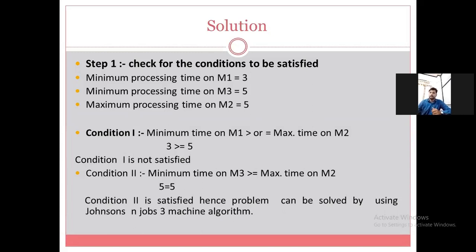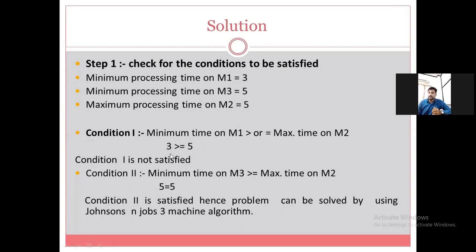So we can check the condition. First condition is minimum time on M1 should be greater than or equal to maximum time on M2. Now here minimum time on M1 is 3 and the maximum time on M2 is 5.